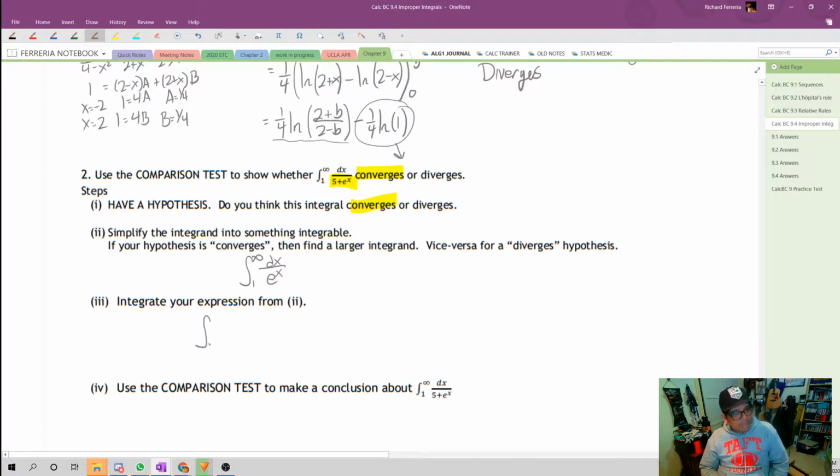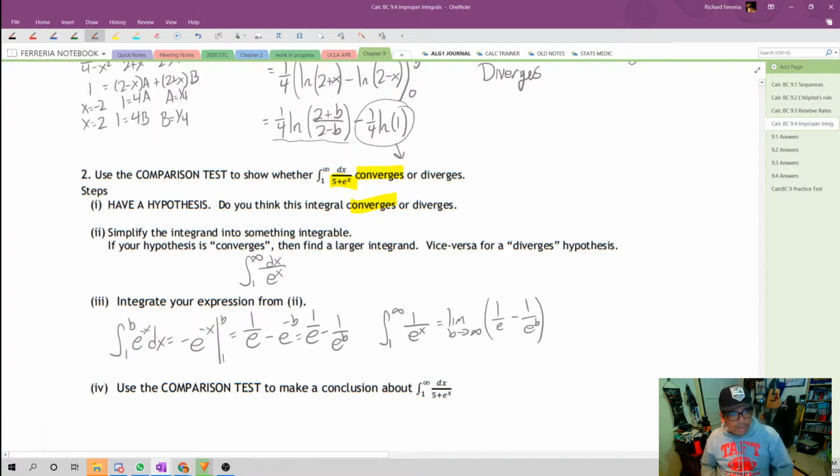The integral from 1 to b of e to the negative x dx is going to be equal to negative e to the negative x from 1 to b, which is equal to e to the negative first power minus e to the negative b power, which is 1 over e minus 1 over e to the b.